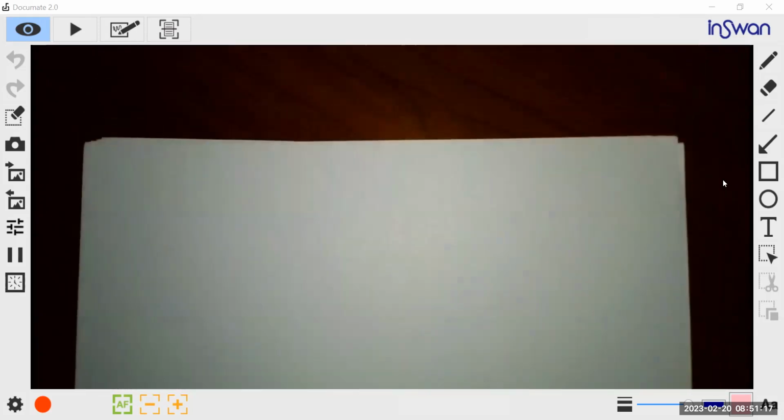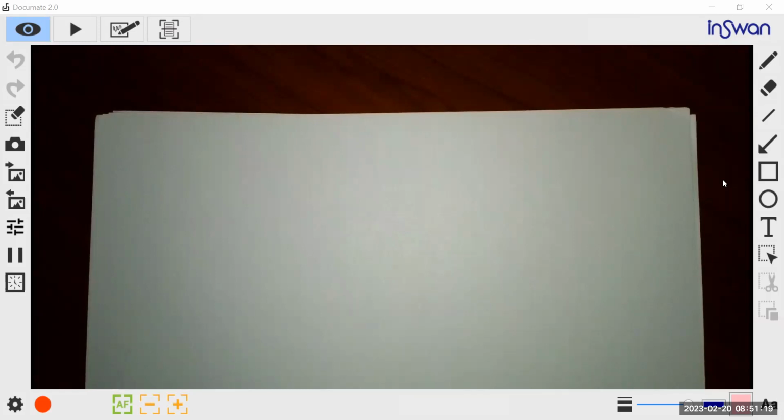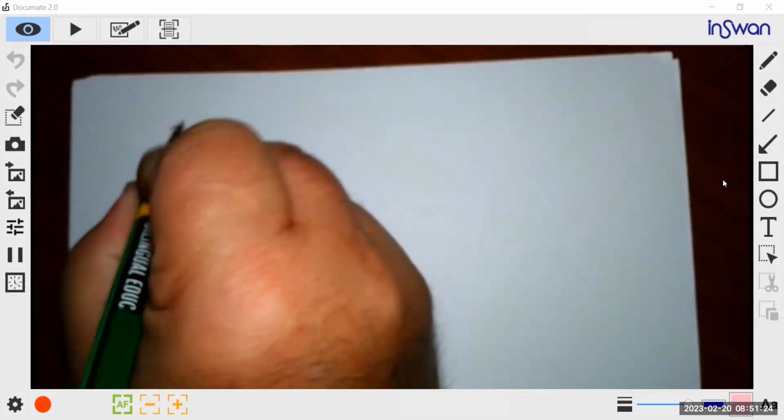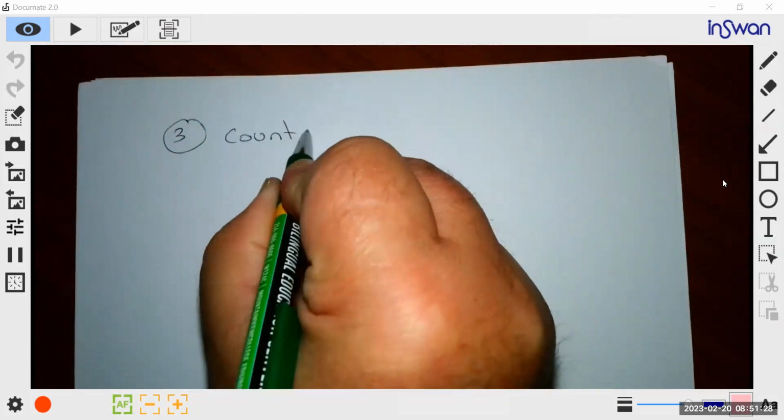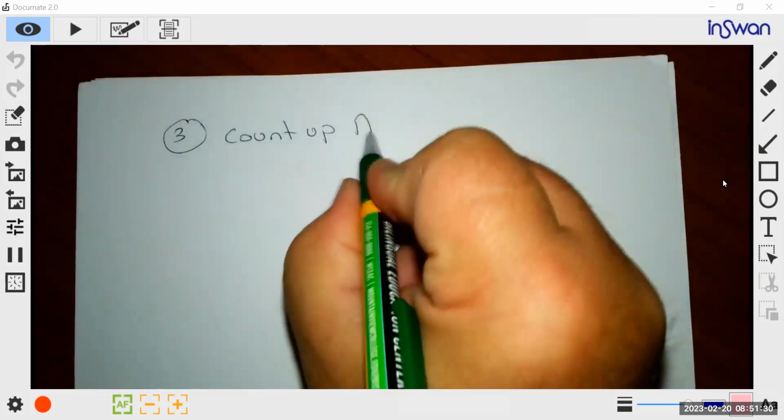Okay. And what number was that one? That was number 2. Number 3 is the count up algorithm.